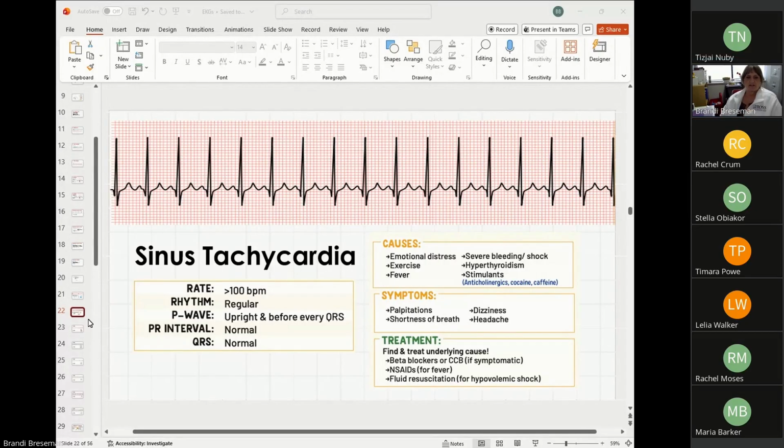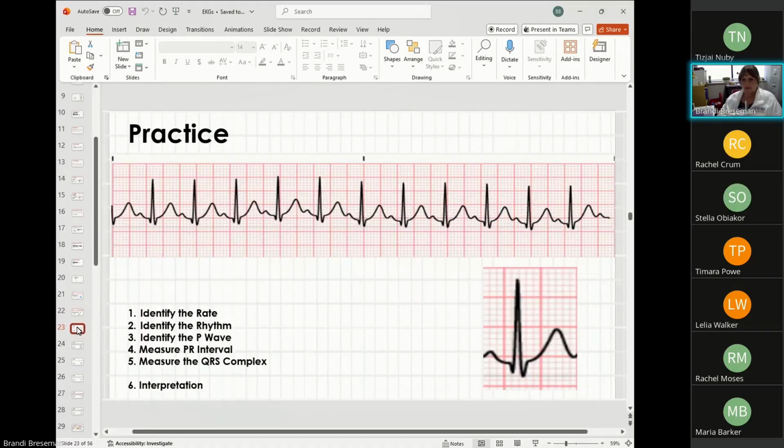All right, let's practice. So somebody give me the rate. And this is a 6-second strip. 110. All right. Good job. Everybody see that? Yeah, 110.